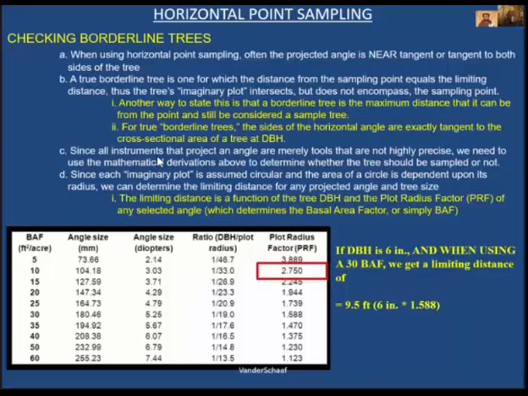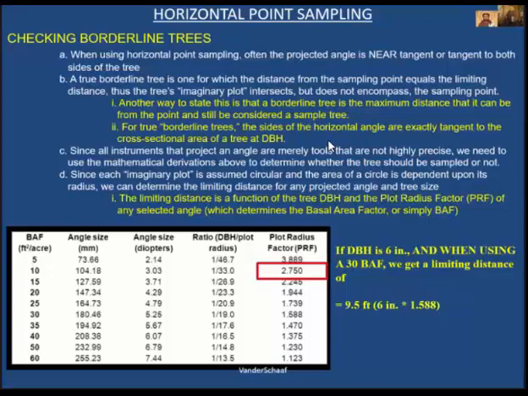So when using horizontal point sampling, variable radius, often the projected angle is near tangent or tangent to both sides of the tree. A true borderline tree is one for which the distance from the sampling point equals the limiting distance. Thus, the tree's imaginary plot intersects but does not encompass the sampling point. It goes right through it.